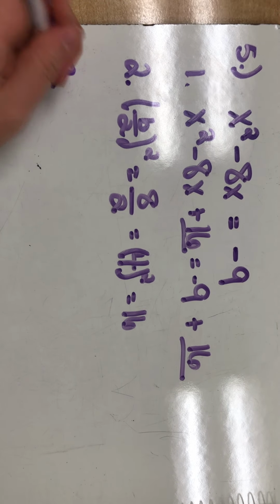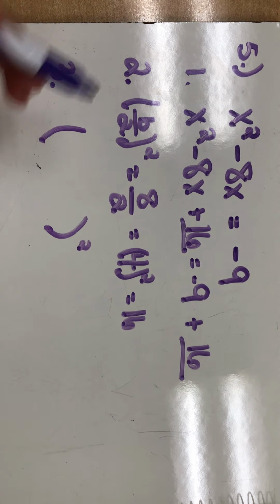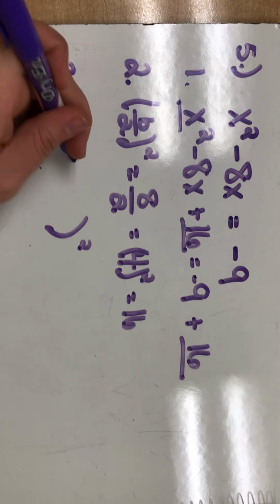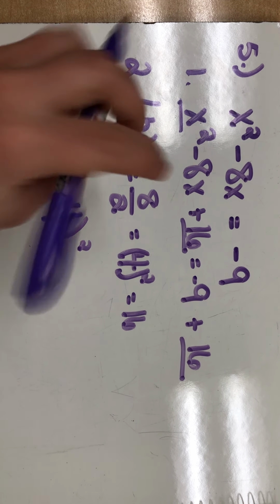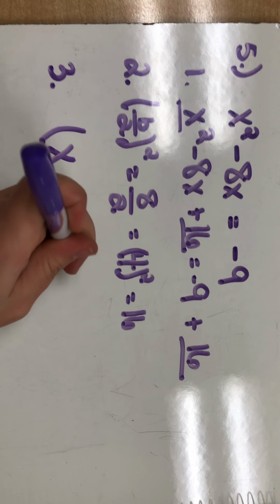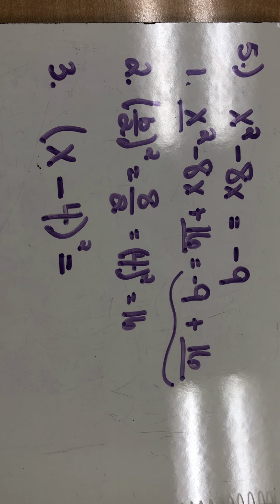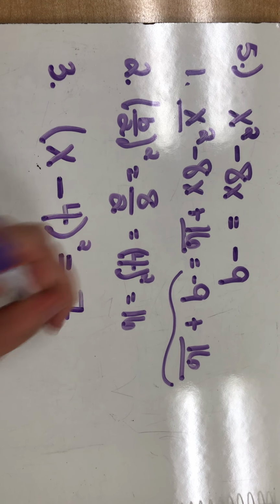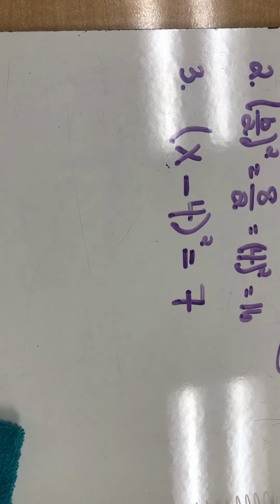Then step 3, rewrite this. Again, it's always parentheses squared. What was this before I squared it? What's the symbol in the middle? Equals, what is negative 9 plus 16? 7. Okay? So then we move up.